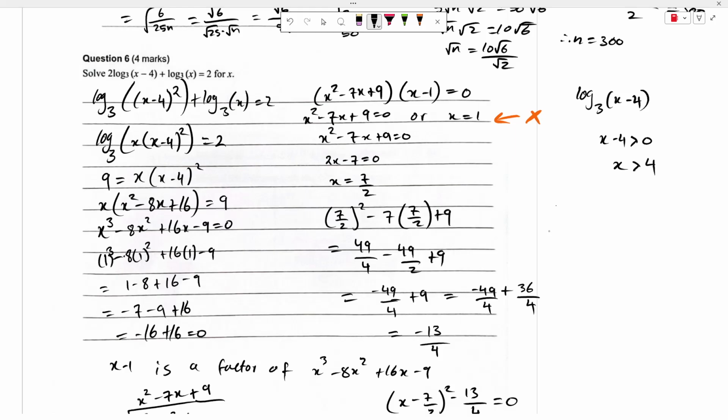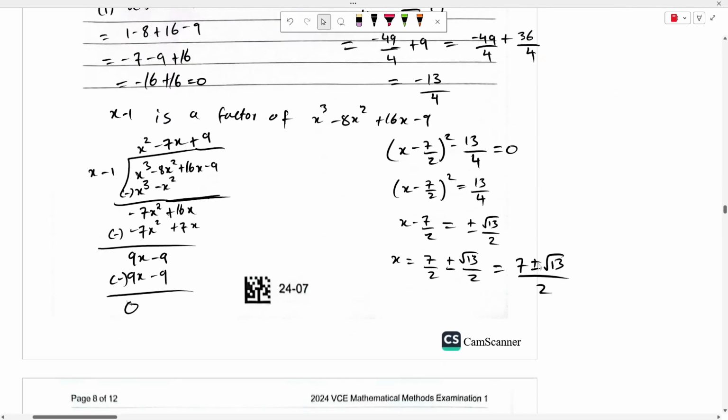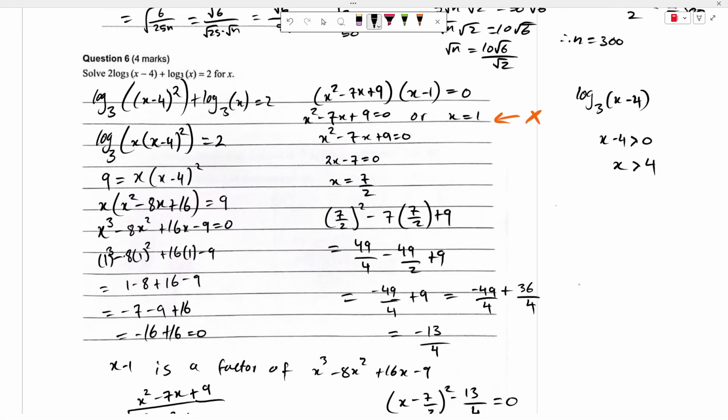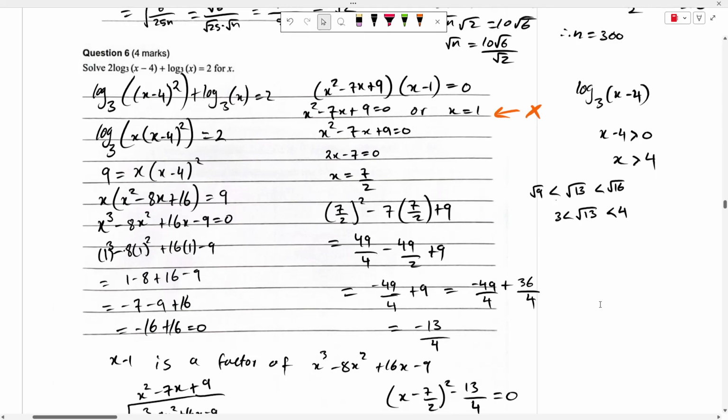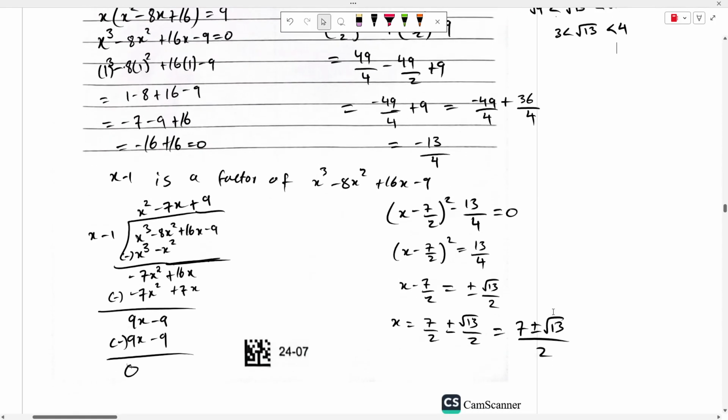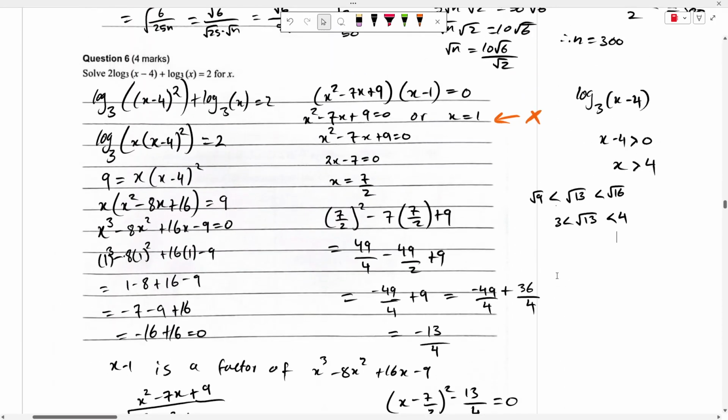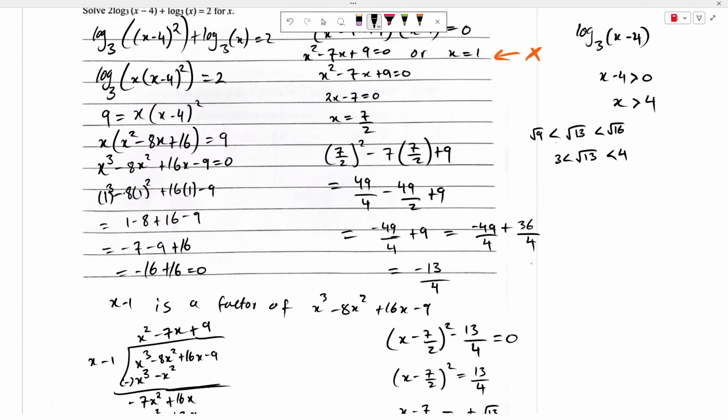Now, let's think about root 13, which is what we have. Now, root 13 is between root 9 and root 16. That means that root 13 is between 3 and 4. Right? Now, let's add 7 to that. So we get 10.